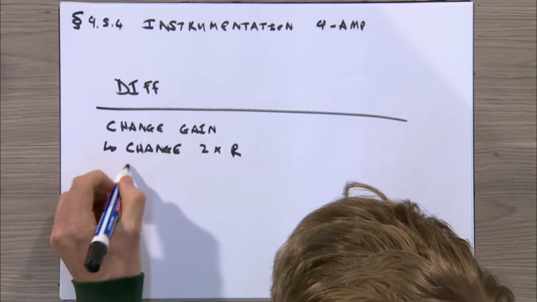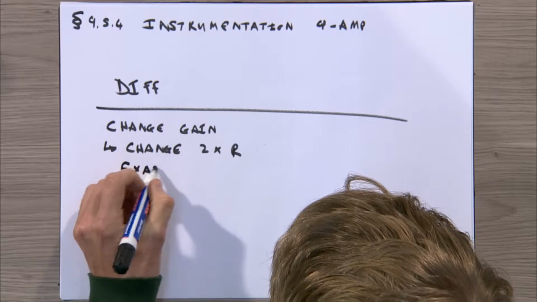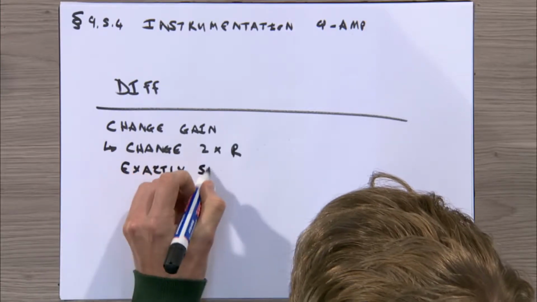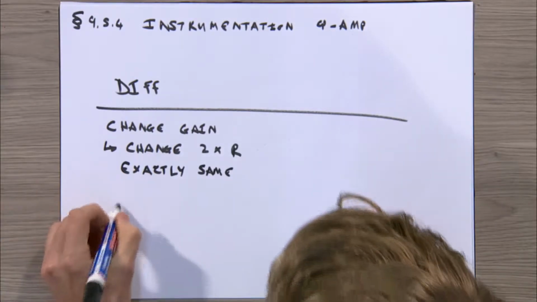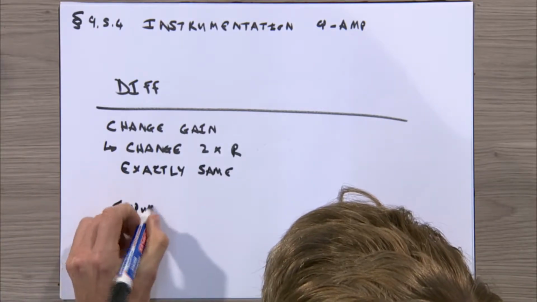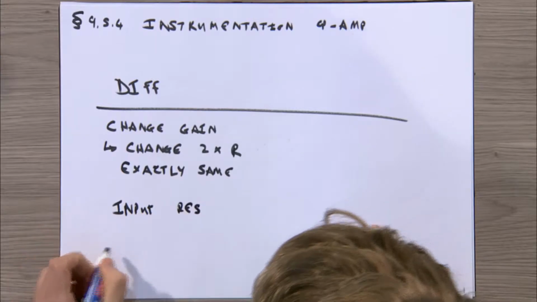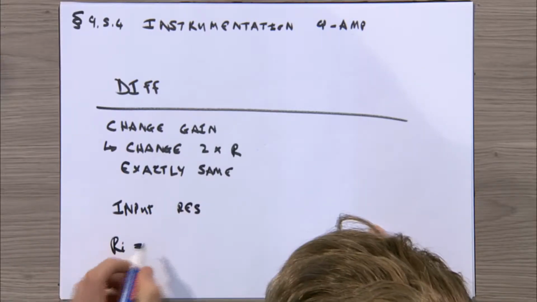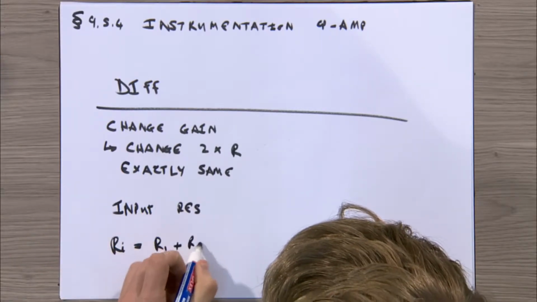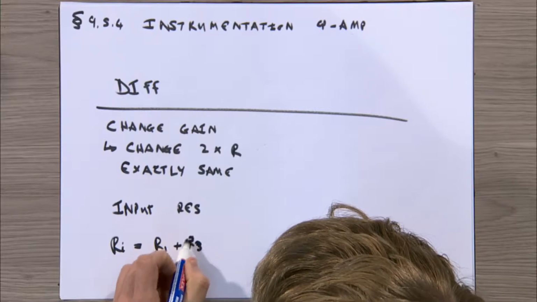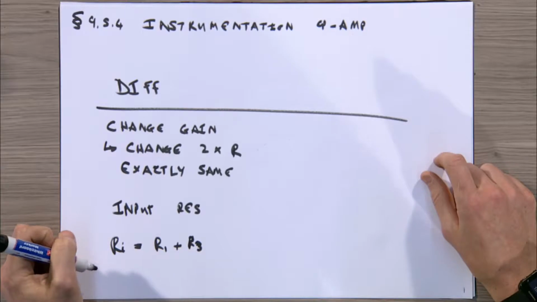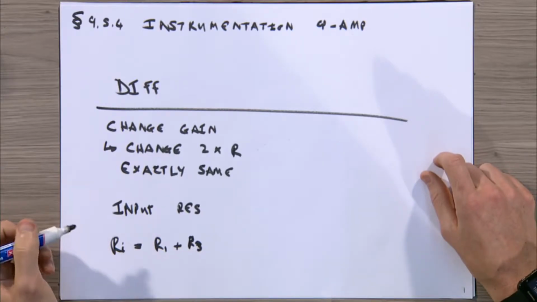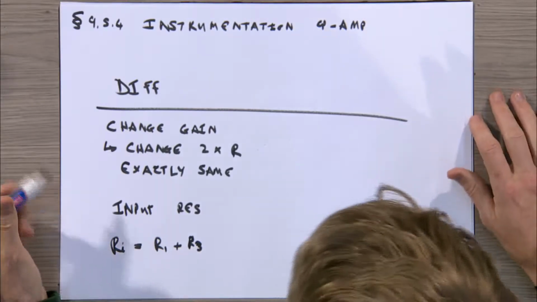So change the two resistances in exactly the same way. Also, we had an input resistance Ri equal to R1 plus R3, which is good enough for most intents and purposes, but we can improve on that using the instrumentation amplifier.